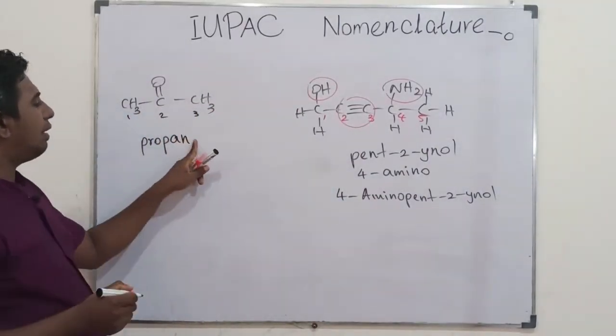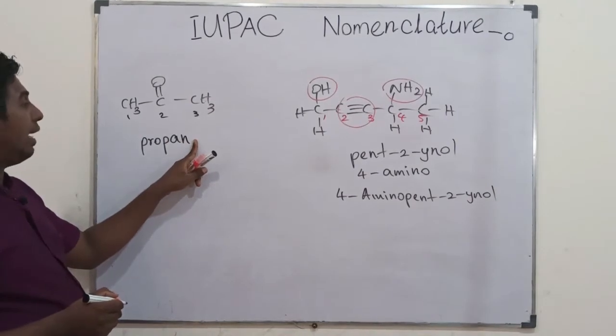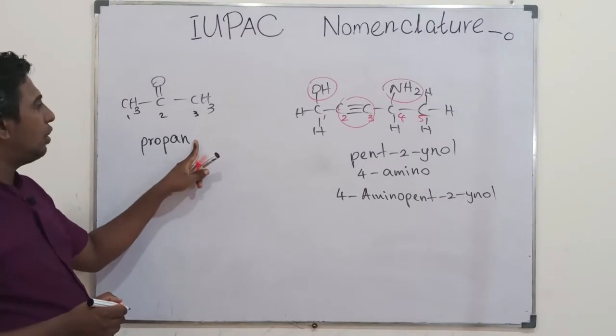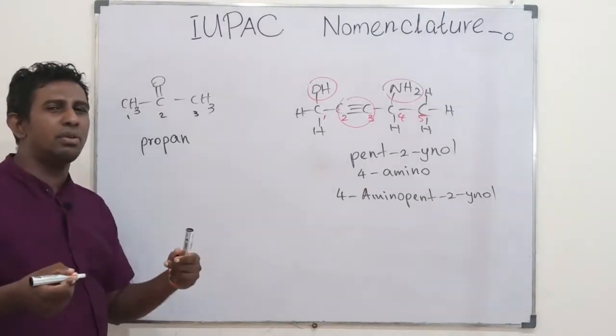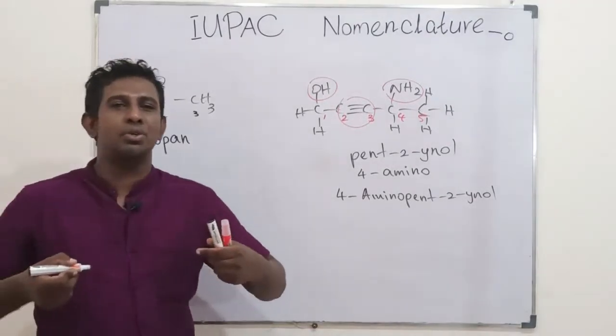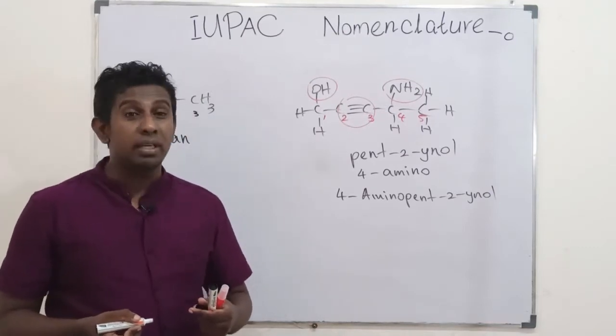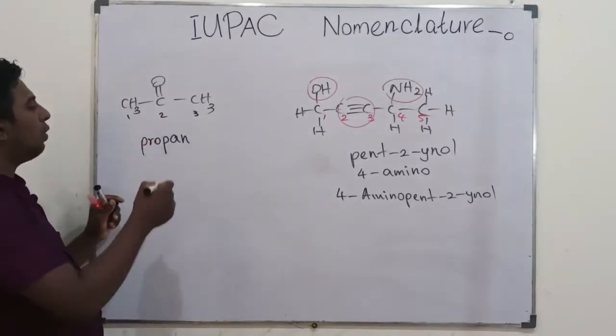So we cut the vowel sound E at the end for the reason it's not end yet. When you have a ketone being the main functional group, the suffix we provide is one. So it is 2-one.